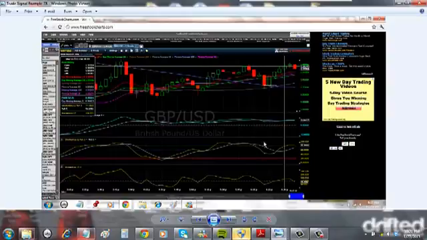The cross here is a weak one because it was sideways, sideways, sideways. So you really want to look at the price. You want to look at the MACD and stochastic to give you a really good overview of whether the market wants to stay sideways or wants to be fluctuating heavily into different trends to the upside and downside.